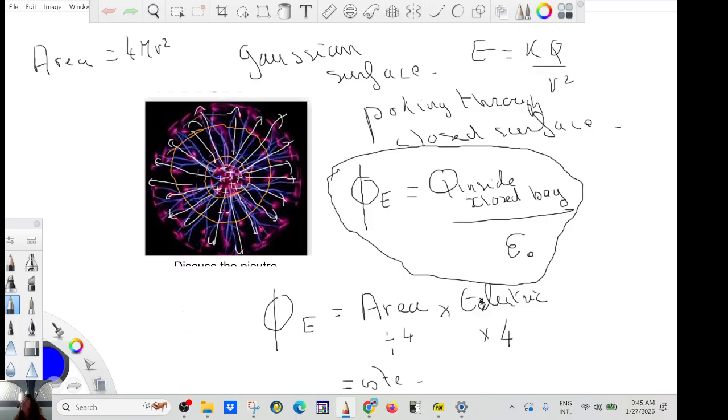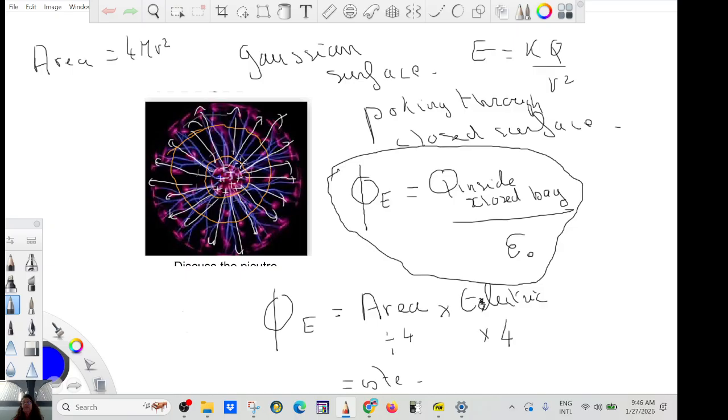So Gauss' law says that the number of lines poking through a closed imaginary bag depends solely on the charge inside that bag. So it will be Q inside the closed bag divided by epsilon 0, which is a constant.